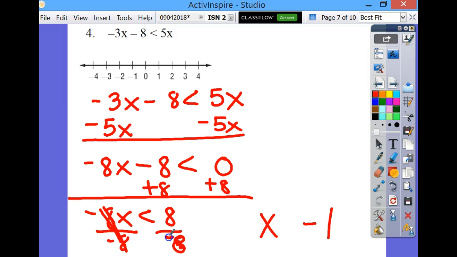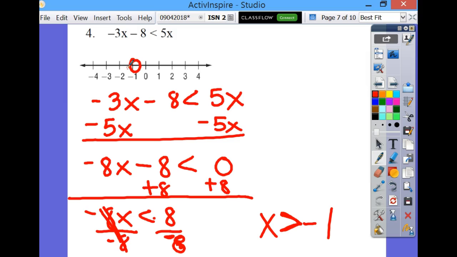But I divided by a negative. So what has to happen to the less than sign? It becomes a greater than sign. So I am going to, oops, that's not right. What am I going to circle? Negative 1. Am I going to color it in?